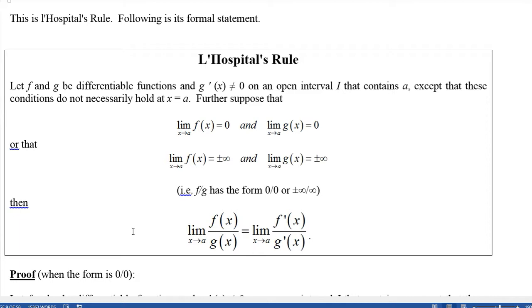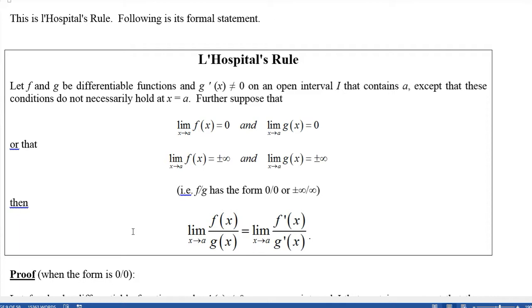Or it could be that instead of the limits being 0, the limit as x approaches A of f of x is positive or negative infinity, and the limit as x approaches A of g of x is also positive or negative infinity. They could both be positive infinity, both negative infinity, or one positive infinity, one negative infinity. So f over g has what we call the indeterminate form 0 over 0, or plus or minus infinity over infinity.